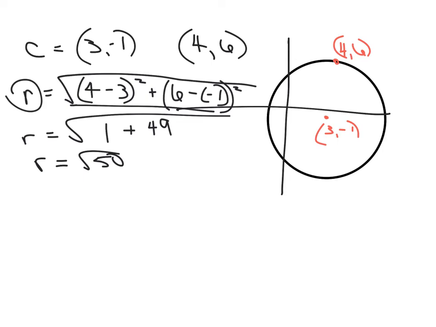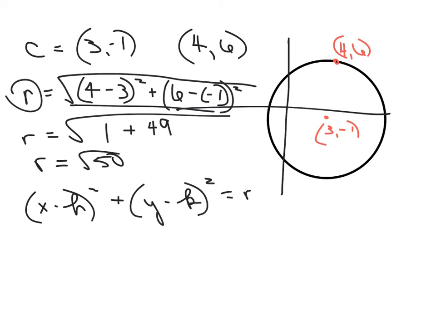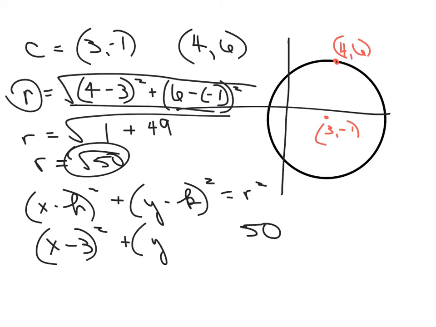My formula, if you remember right, is (x minus h) quantity squared, plus (y minus k) quantity squared, equals r squared. So I've got to square that in order to put it here. Then I've got (x minus 3) squared plus (y plus 1) squared equals 50.